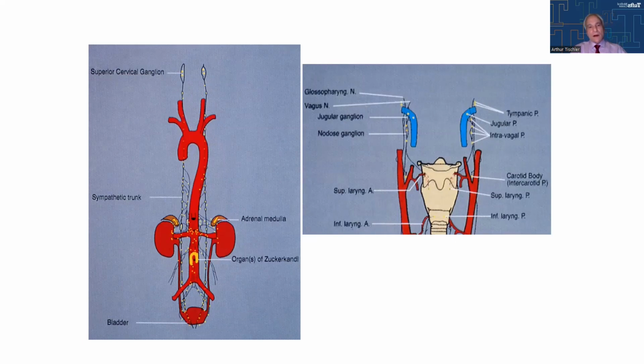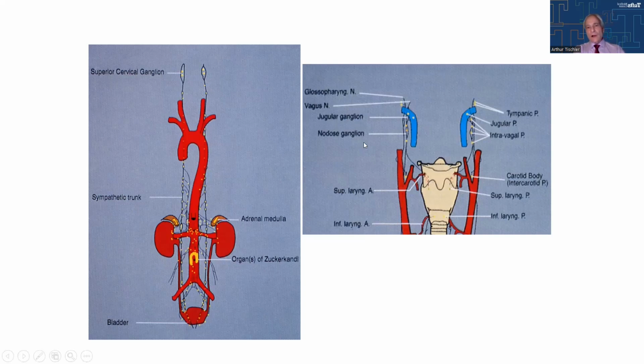And these were all microscopic except for the adrenal medulla in adults and the organ or organs of Zuckerkandl, which are a large body, or bodies, of chromaffin-like cells at roughly the origin of the inferior mesenteric artery.